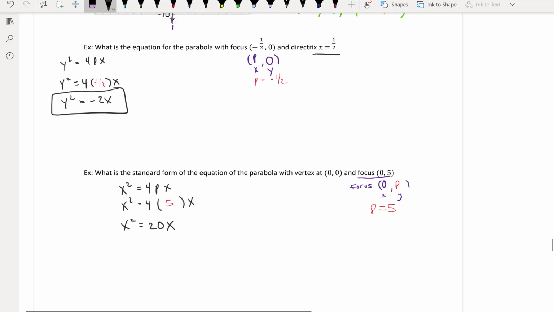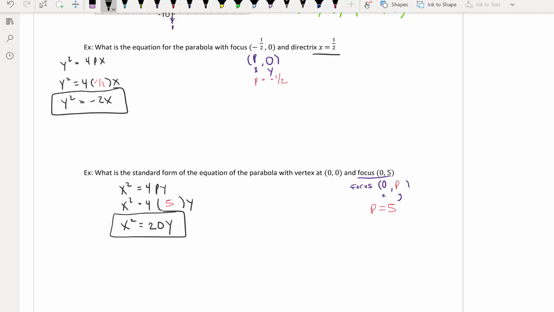Oops, and I wrote that wrong, didn't I? Too many x's. That should have been y. There we go. That's what happens when you are flipping through so many pages. So the general equation is x squared is equal to 4py, and in this case my p is 5, and 4 times 5 is 20, so my equation ends up becoming x squared is equal to 20y.